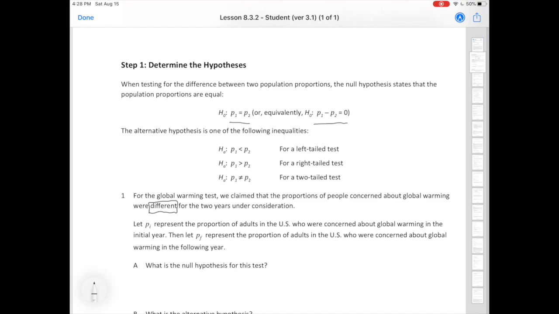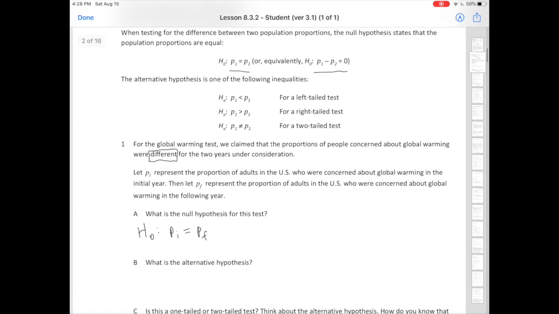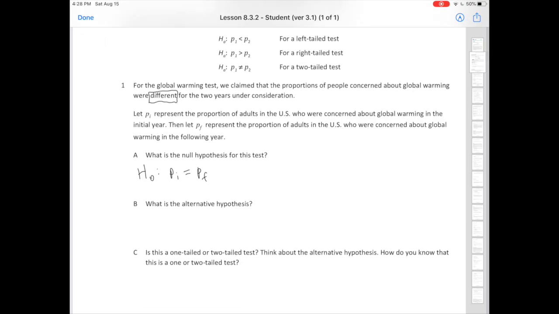What is the null hypothesis for this test? Well, we're going to write this down. The initial is equal to the final.